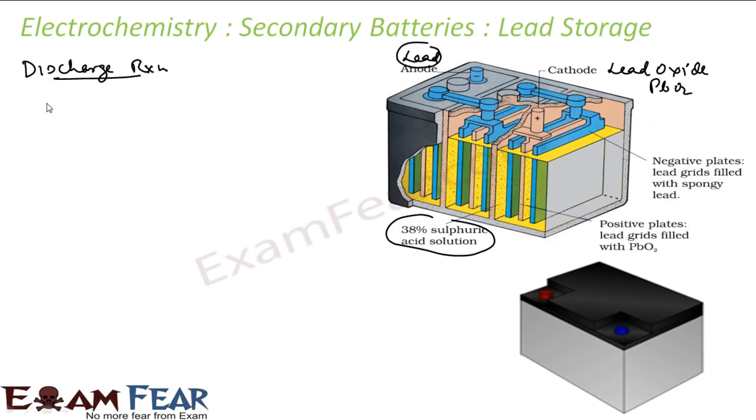at anode, oxidation will happen. So lead will become lead sulfate, and 2 electrons will come. So Pb becomes Pb plus 2. And at cathode, reduction will happen.